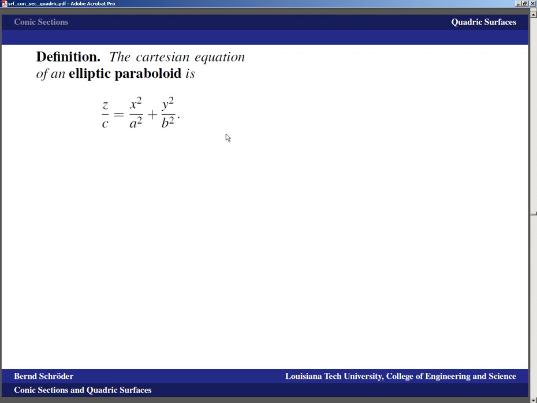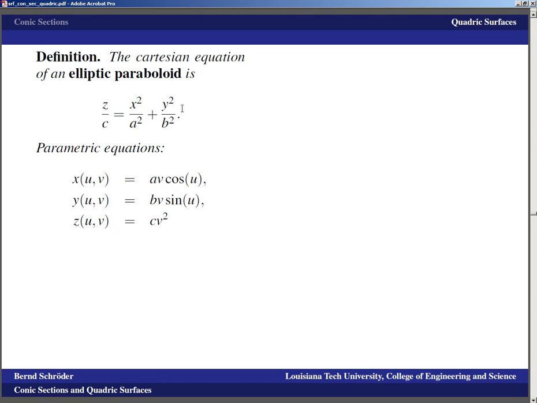If we're looking for parametric equations, one way to do that would be to take the horizontal cross sections, which are ellipses, and parametrize the ellipses, and then realize that the z is just c times v squared, and if we plug that in, we get exactly that, because again, a and b after squaring go away, cosine squared plus sine squared go away through Pythagoras, and what remains on the right side is a v squared, and that means on the left side we need a c times v squared.